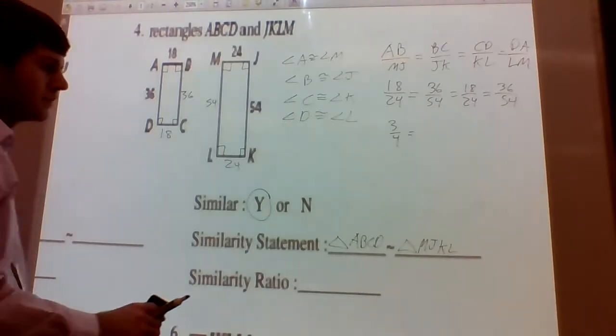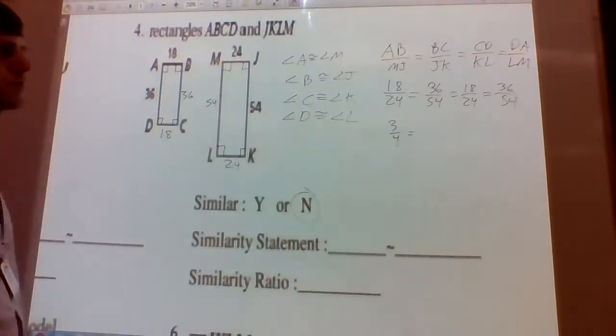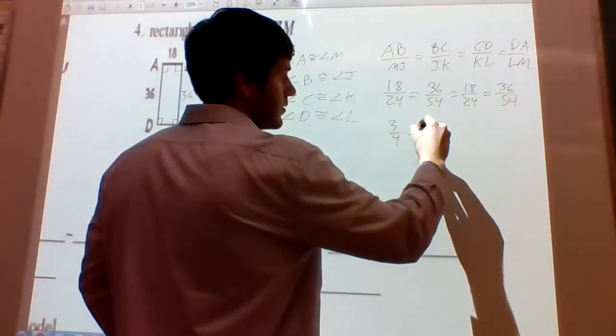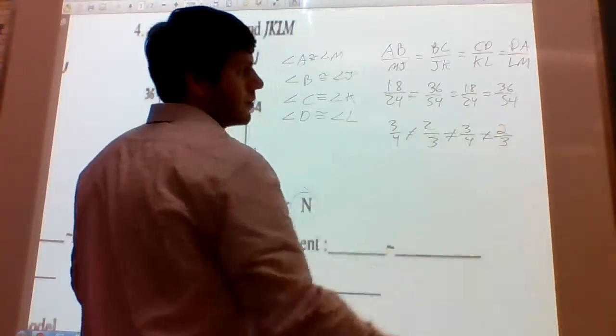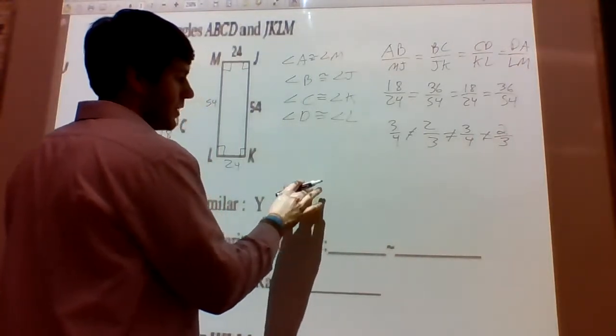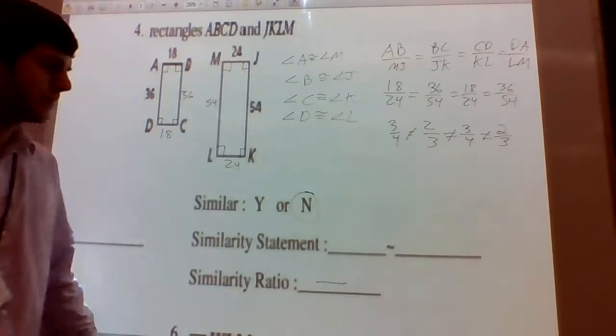These are not going to be similar. 36 divided by 54. Let's see, how can we reduce that? 18 over 27, 2/3. So 18 over 24 gives 3/4 and 36 over 54 gives 2/3. So these figures are not similar. My bad. So similarity ratio: nope.